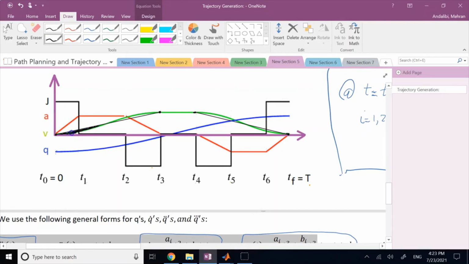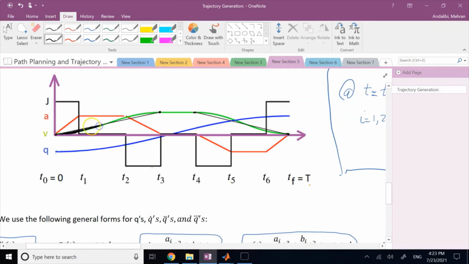So this area is where the line is bigger than the green curve. This area here, let me use a different color. This area here in red is where the green curve is bigger than the line. But because of symmetry, the green area is exactly the same as the black area.